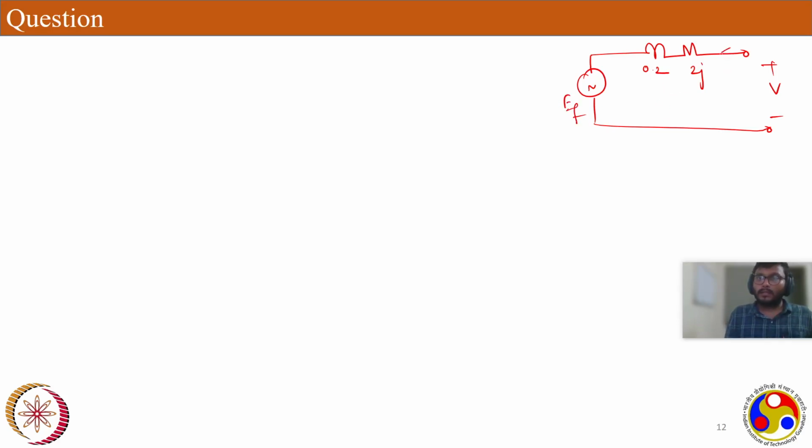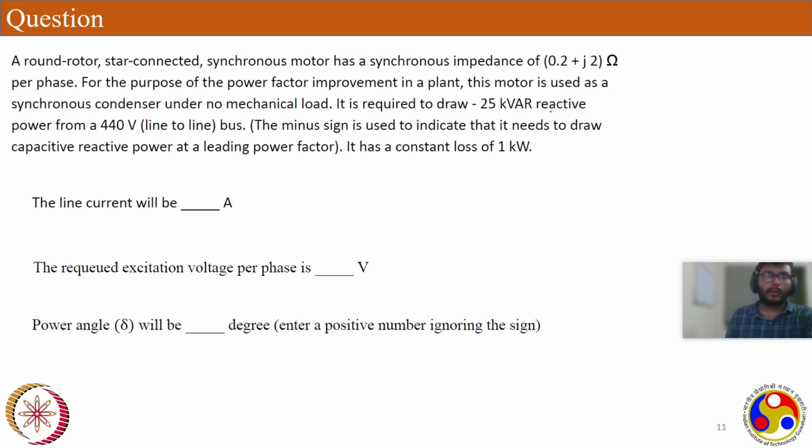Motor means it will draw the current from the supply. Okay. Now, it is said that there is no load over here. It is not delivering any load, but it's just whatever losses it has to deliver. Okay. And it is required to draw minus 25 kVAR reactive power.